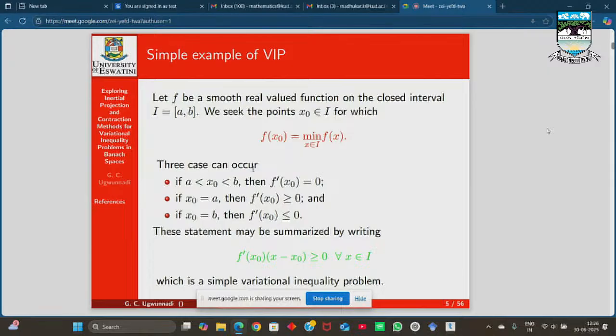Looking at these three conditions, we now see that they are nothing but the relation we have here, which is a variational inequality problem. So solving a problem like this is the same thing as solving a variational inequality of this kind. And we know that this kind of problem is applied in many areas of machine learning, descent methods, and most optimization problems. So that is one of the simplest applications I can show.